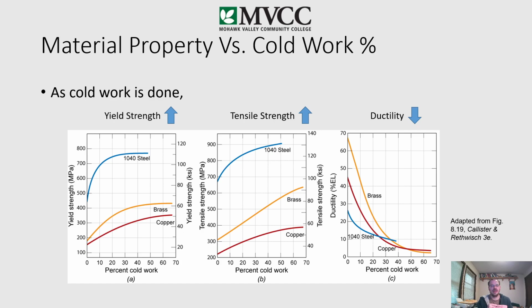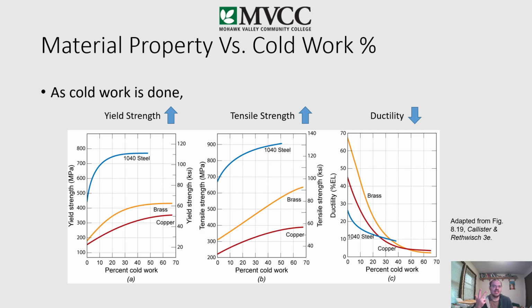So when we do those dog bones that we talked about in lab for the tensile tester, it pulls those dog bone looking metal pieces apart. And what we get is first we were able to see when it starts yielding, and we also get to see its ultimate tensile strength, as well as its ductility.